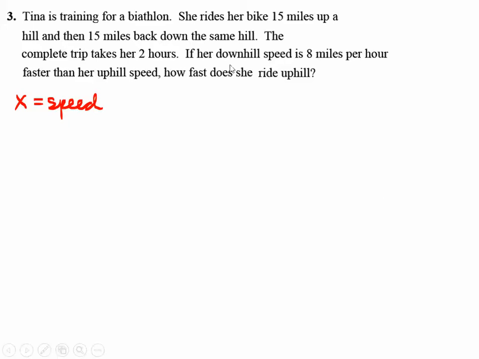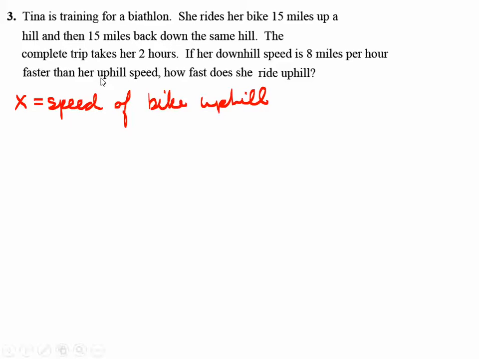Let's see. Her downhill speed is 8 miles per hour faster than her uphill speed. So the downhill speed is being compared to the uphill speed, right? If that's x, what would be the downhill speed?